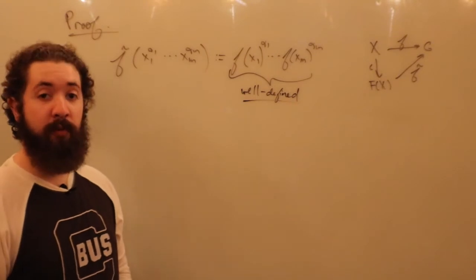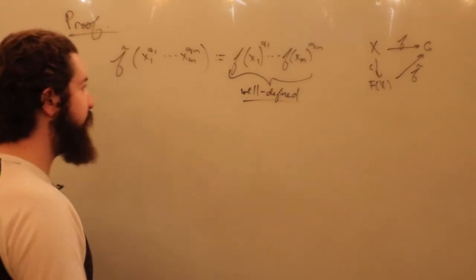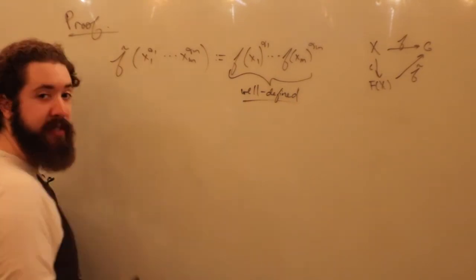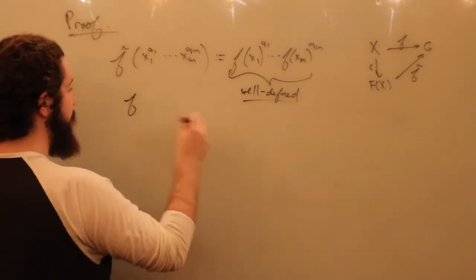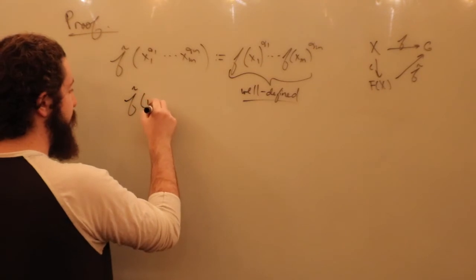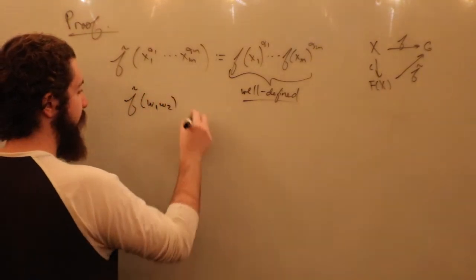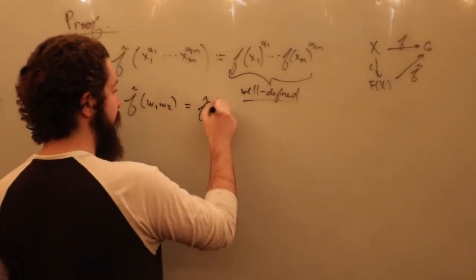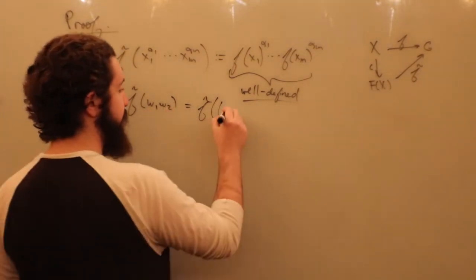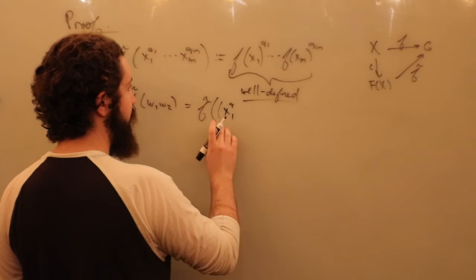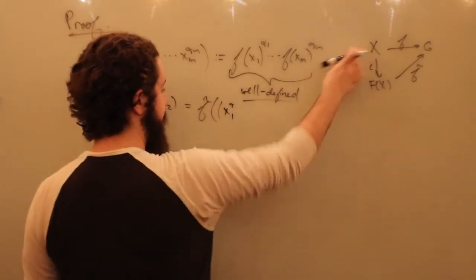We need to show that it's a homomorphism also, though. So to show that it's a homomorphism, we say for any words W1 and W2 in F of X, F tilde of W1, W2 is going to be equal to F tilde of, and then we're going to write these as we know they can be written by definition as words on elements in X, right?